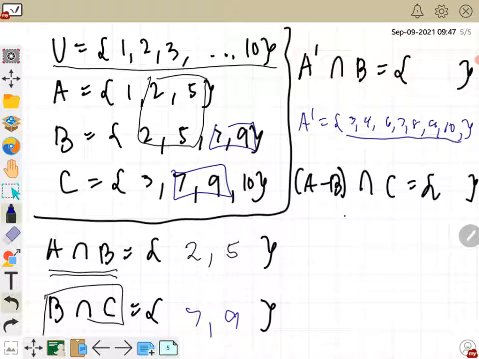Then let's try to look at this and compare it with B. What are those common between these two sets? That is basically 7 and 9. So we write here 7 and 9.